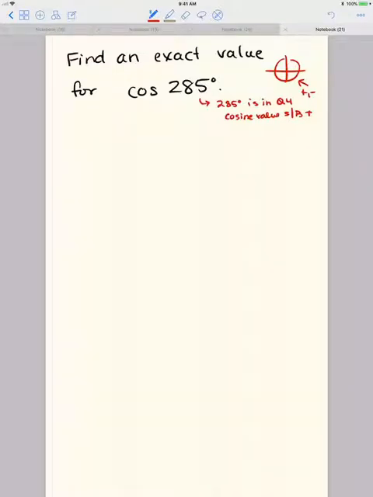So in trying to break apart 285 degrees, you could do 240 degrees plus 45 degrees. Or if you chose to do 330 degrees minus 45 degrees, 330, not 333. 330 degrees minus 45 degrees. Both of those would get you 285 degrees.